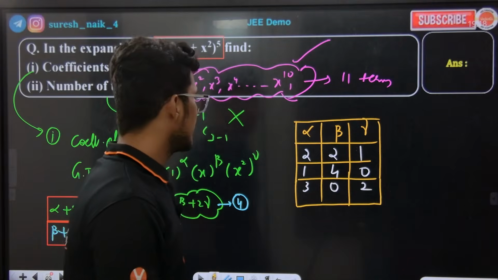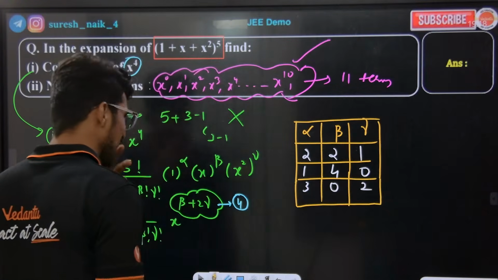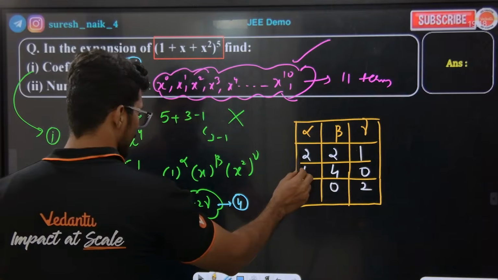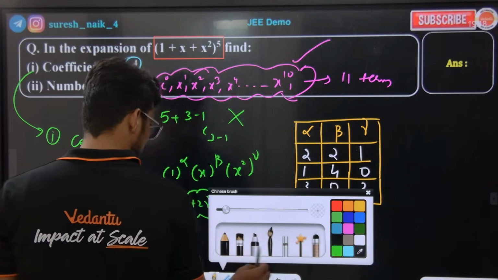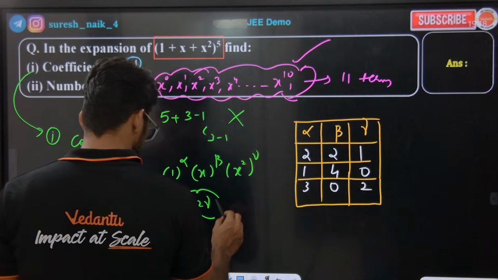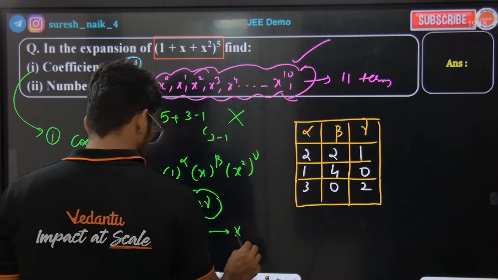Correct or not? Yes. Now what I am going to do is substitute all this here. Okay, this is a star.